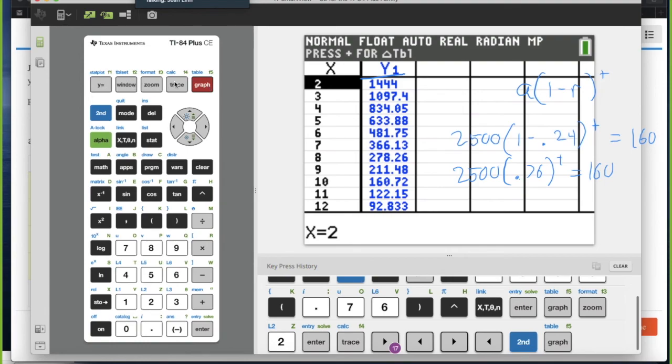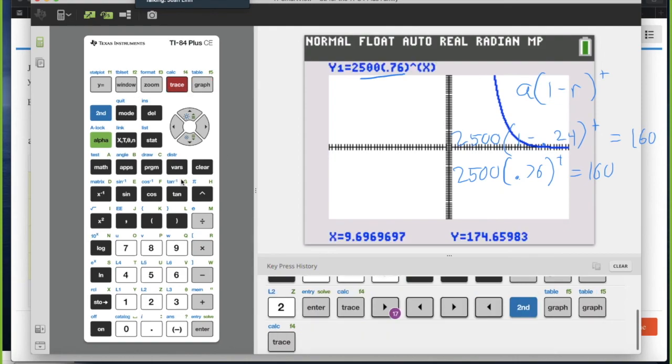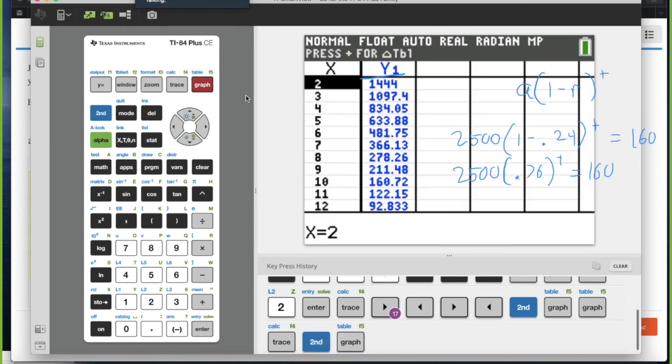Man, now I even forgot. So we're going to use trace again. Between 9 and 10. Okay. So our table: our 9 is 211, our 10 is right at 160. That's what I kind of thought.